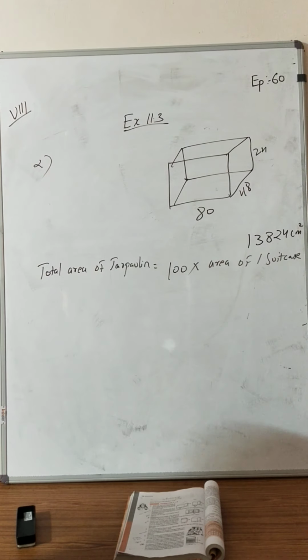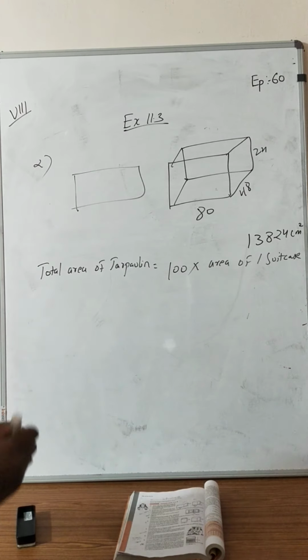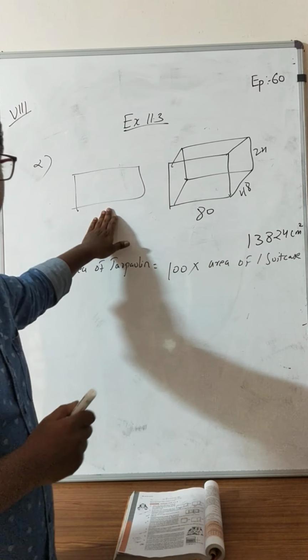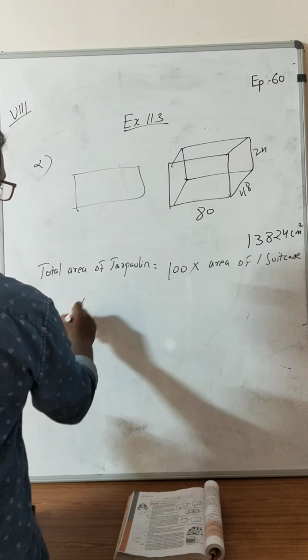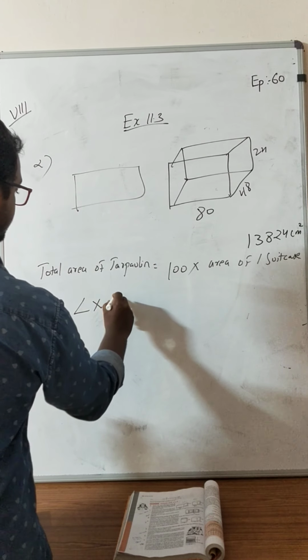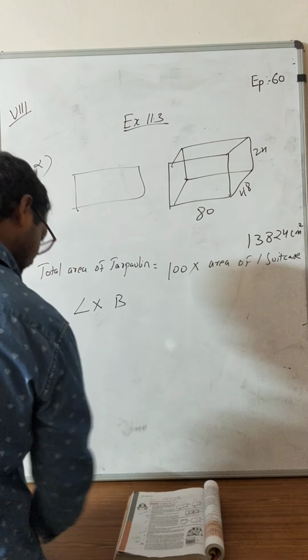So the total area of tarpaulin is in the shape of a rectangle. Area of a rectangle is length into breadth. The breadth is already given. How much is the breadth given? 96.